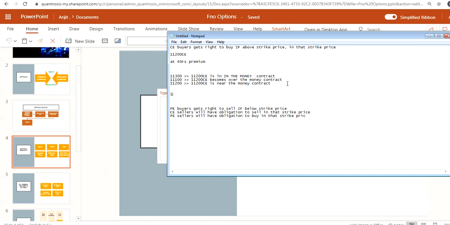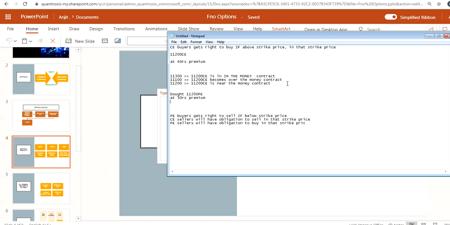So if you bought an 11,200 PE at 50 rupees premium, then when price is at 11,300, in that case the 11,200 PE is over the money, because the price is above the strike.